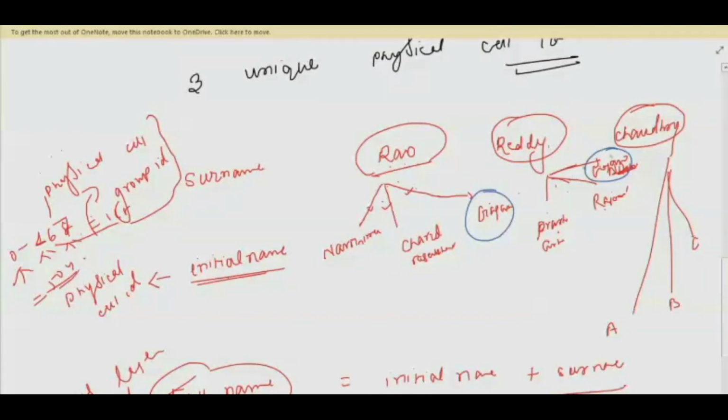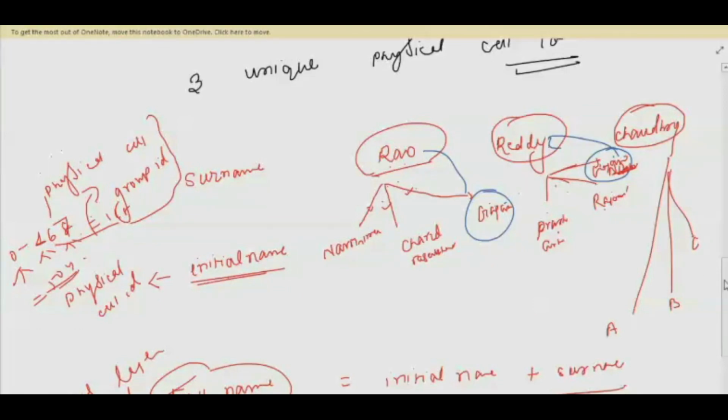Both are different persons, but with the initial name we get confused. So what will we do? To find that they are unique, he is Gagan Rao, he is Gagan Reddy. Combined with the surname, we get the unique name, and then physically both are different persons.